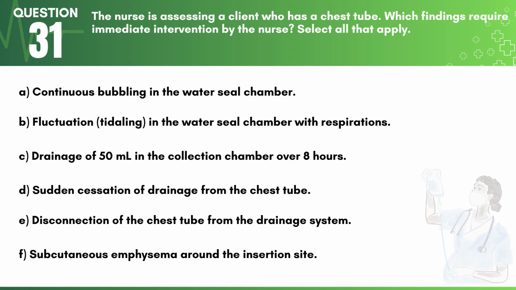C. Drainage of 50 milliliters in the collection chamber over 8 hours. D. Sudden cessation of drainage from the chest tube. E. Disconnection of the chest tube from the drainage system. F. Subcutaneous emphysema around the insertion site.